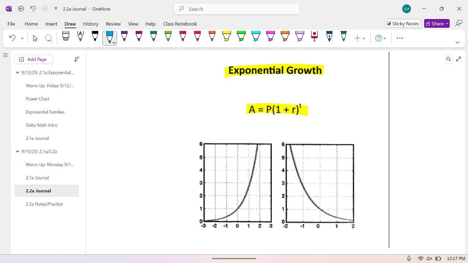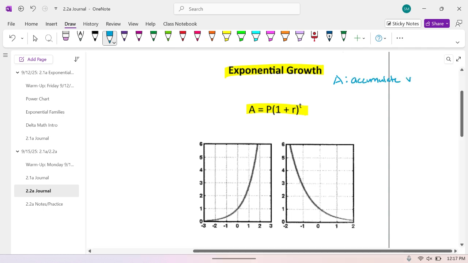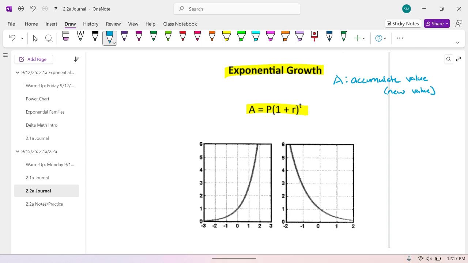Now, what these different variables mean is A is your accumulated value. Another name for that would just be your new value. So basically, after you do all your calculations, what do you end up with? Another way to think about it is typically growth problems.